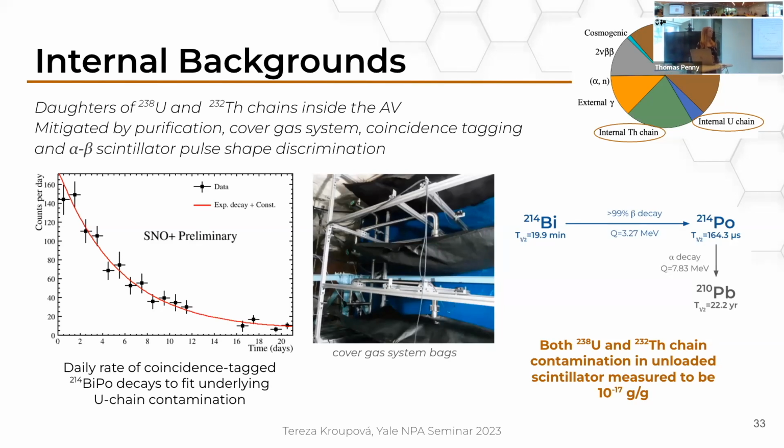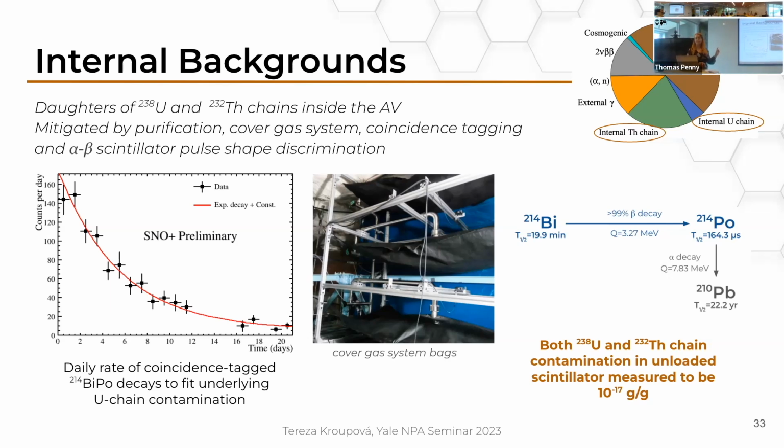In terms of the internal uranium chain, we have various methods of mitigation. Firstly, the scintillator purification plant that I mentioned. Secondly, there is cover glass over the top of the acrylic vessel, which prevents any new ingress of internal radioactivity. Then we are pretty lucky in terms of where our region of interest is.